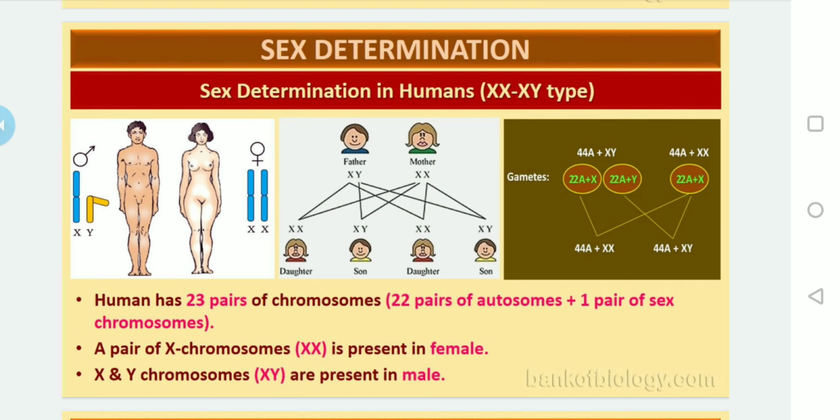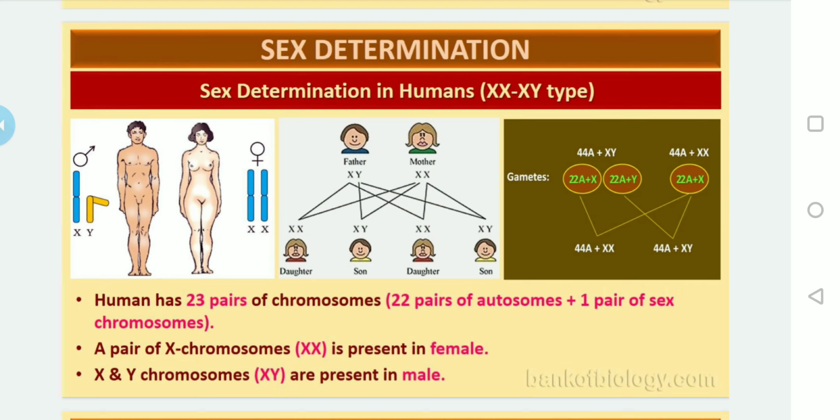During meiosis, that is during the formation of the gametes, the 2n equals 46 chromosomes get converted into 23. After the fusion, if 22 autosomes plus X fuses with the same type of gamete, there is a possibility of 44 autosomes plus XX, which gives rise to the female.